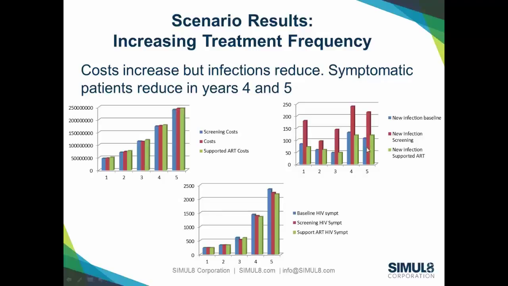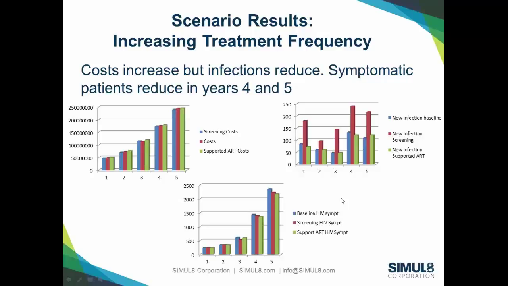So look at year 5 here. For people with symptoms, you can see they are decreasing with that additional treatment, and also you can see that new infections are decreasing as well. So from a patient outcome point of view, that's a really good result.